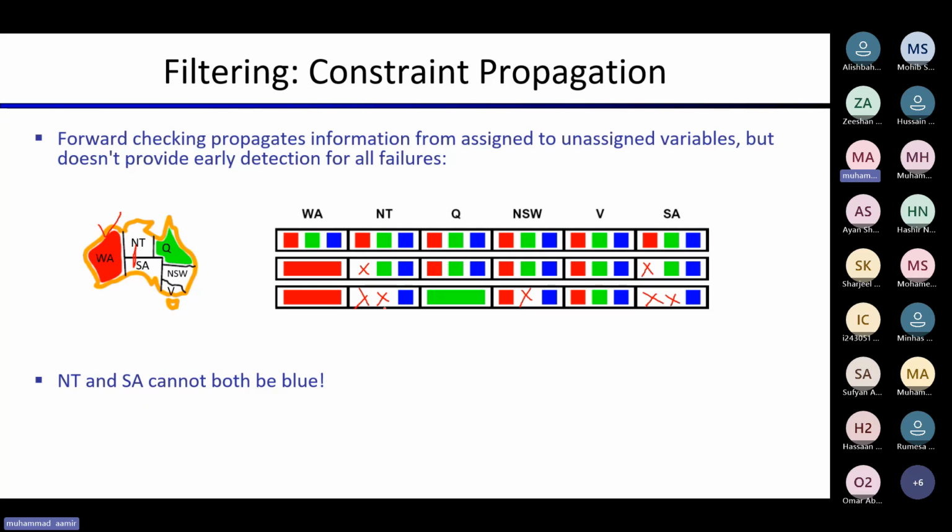There are still values, but the values that are available for the assignment are actually violating the constraint. We cannot assign the blue color to both the Northern Territory and Southern Australia. Both have one color available, blue and blue. Of course, we cannot do this assignment.